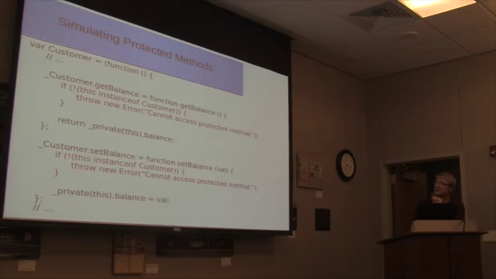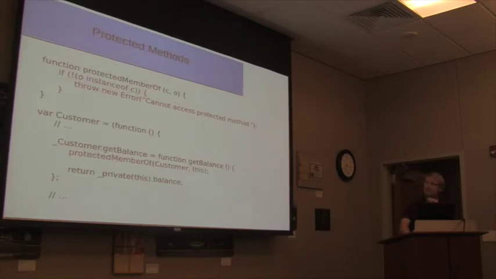Let's throw in some protected members. It's pretty easy to simulate a protected member. You just throw an exception if the function is called from any context outside an object that inherits from Customer. And then you can abstract that out into a function that you just call at the top of any of your member methods that you want to become protected.